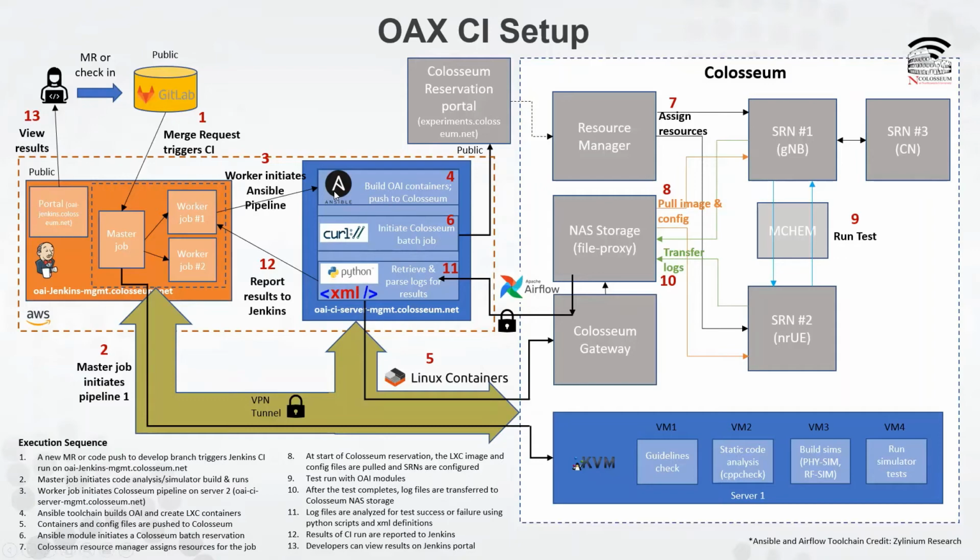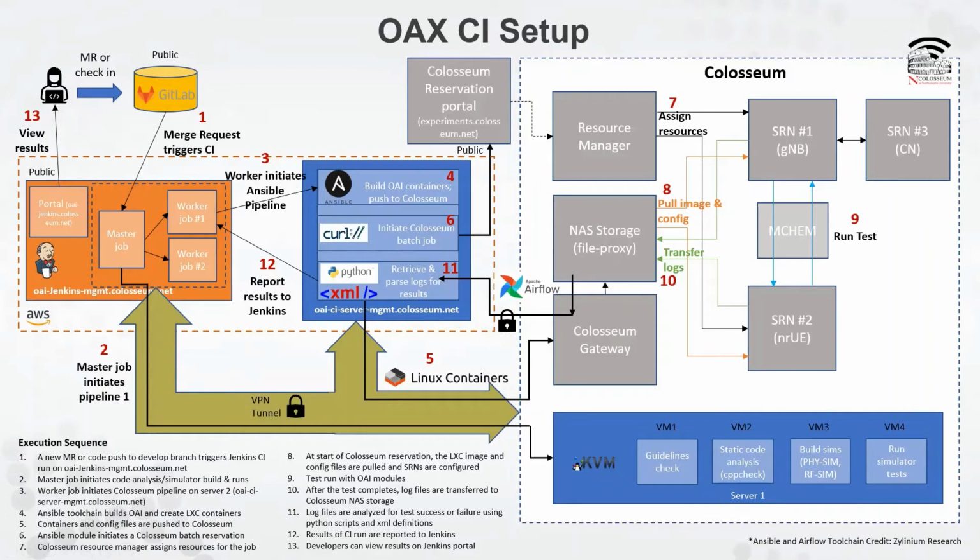The Ansible pipeline, as I briefly mentioned before, completely automates the process of building an OAI container and deploying it on Colosseum, also generating the test configuration based on the input XML scenario file, as well as initiating a Colosseum batch job using the configuration. Colosseum runs this complete test based on this batch job configuration, and then eventually makes the log files available in the NAS storage at the end of the test.